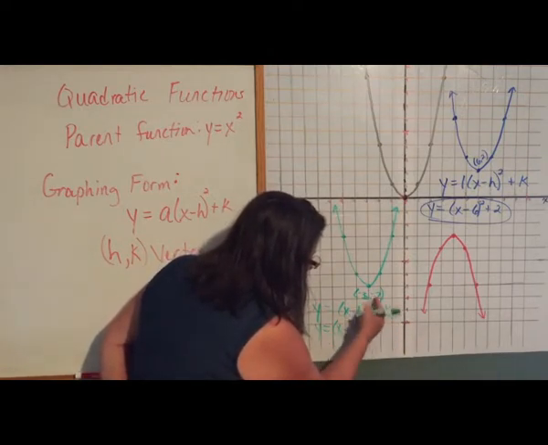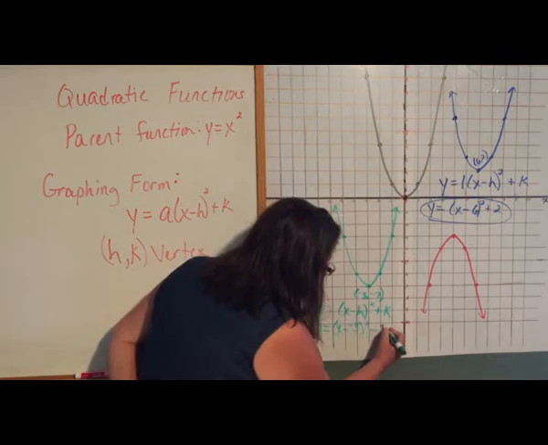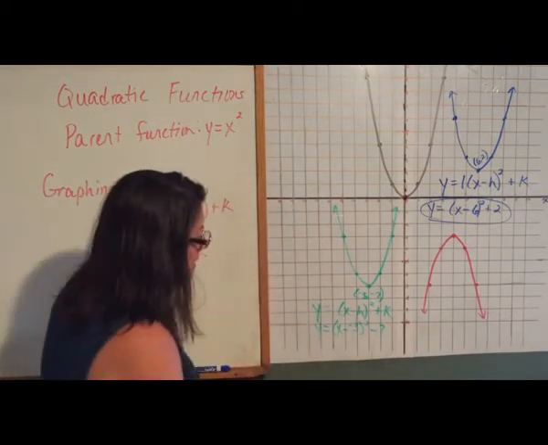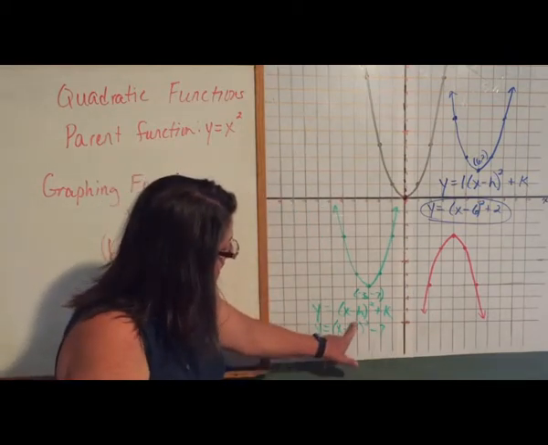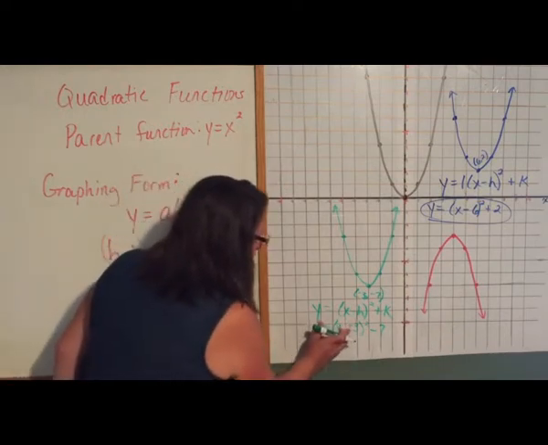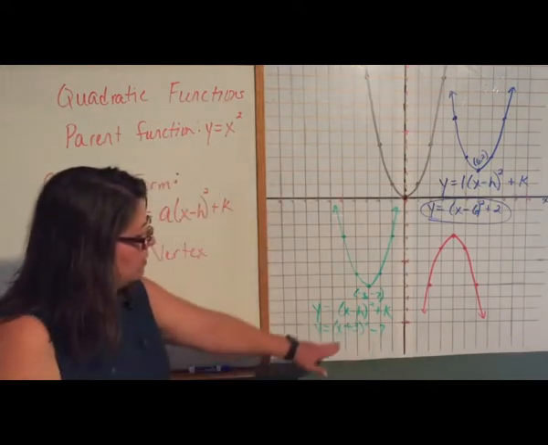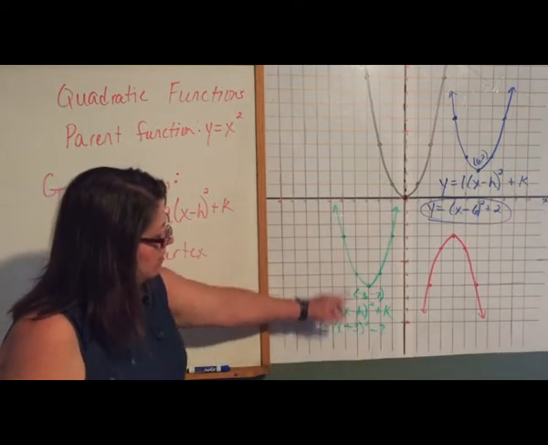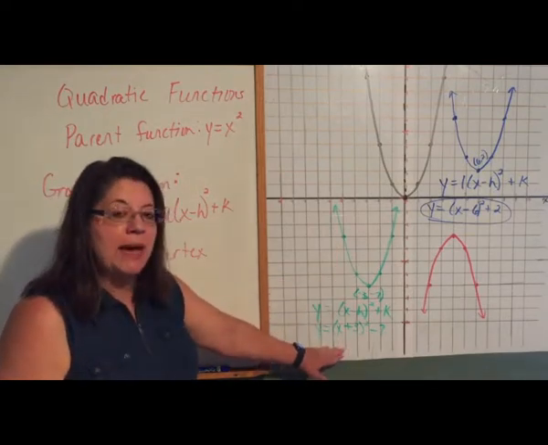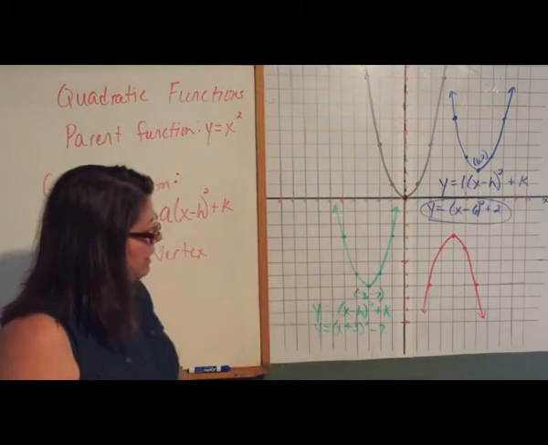Well, k is -7. So that's plus -7 or minus 7. And then right here, if we have minus a negative, well, we know minus a negative should be a plus. So that is my equation for the green function.